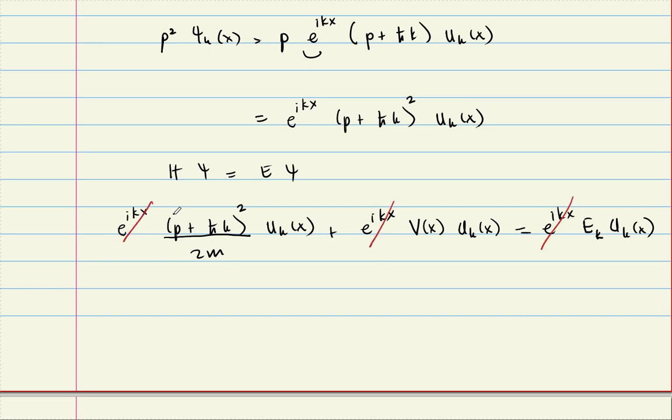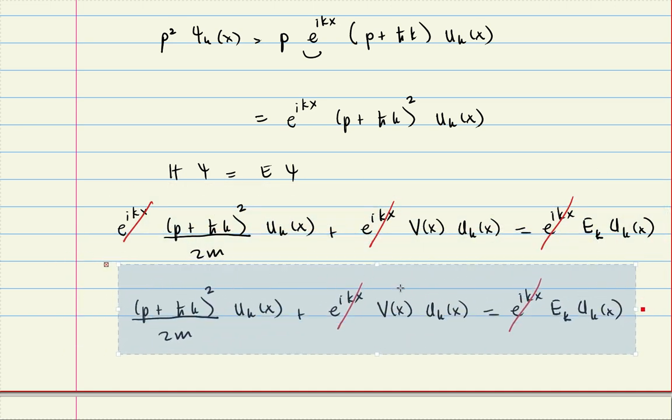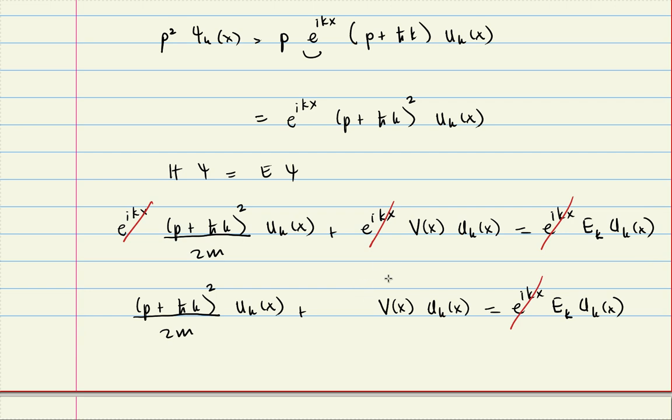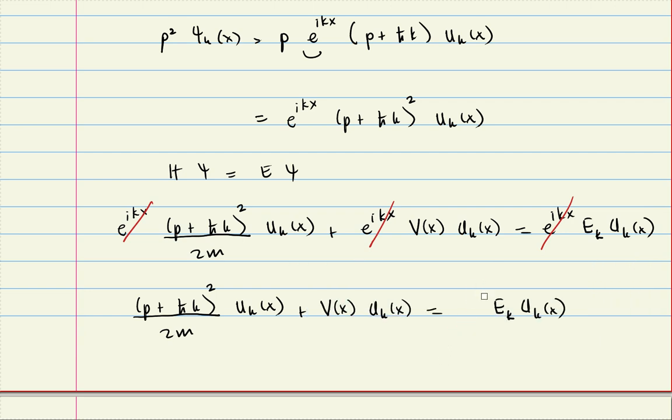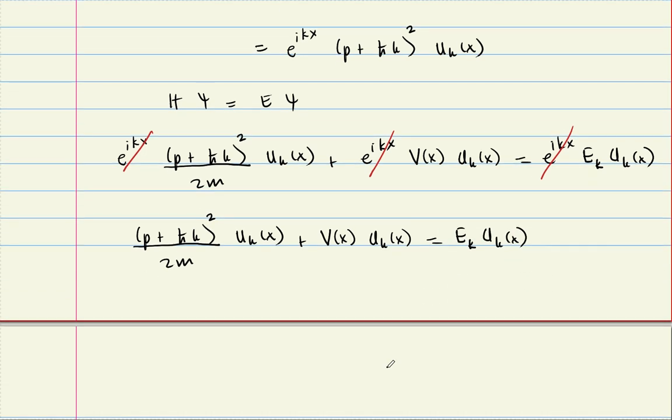And what remains is, okay, let me just copy, not write the whole thing again. So this one is gone. This one is gone. And since this u is periodic, this is a Schrödinger equation that needs to be solved only in the unit cell.